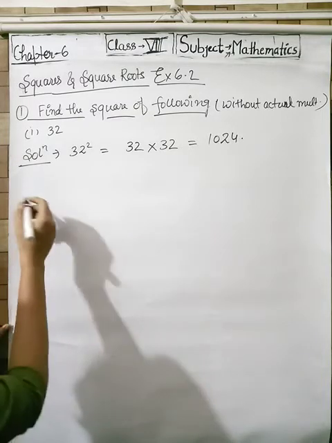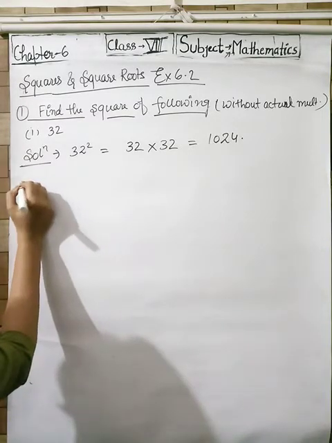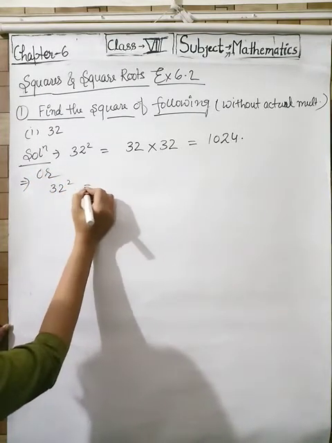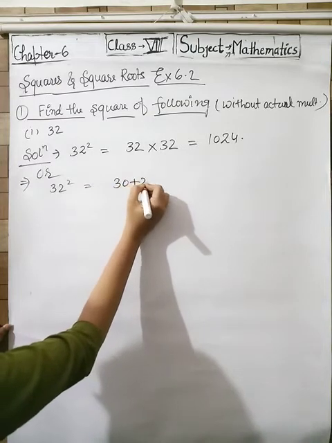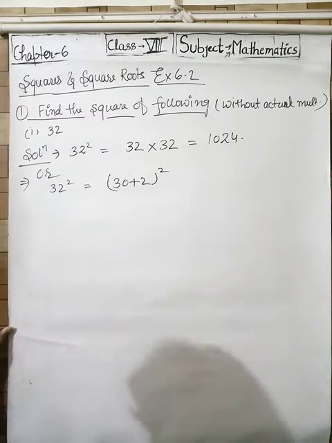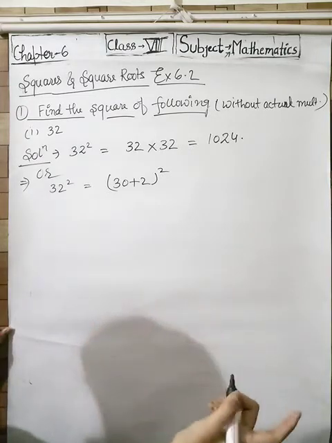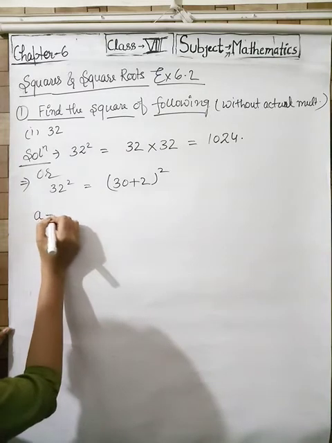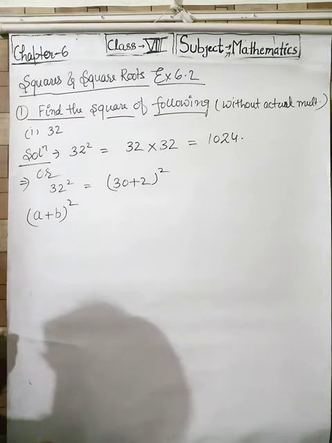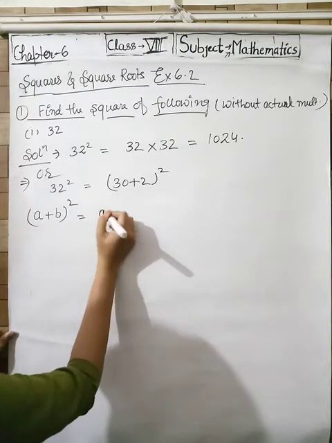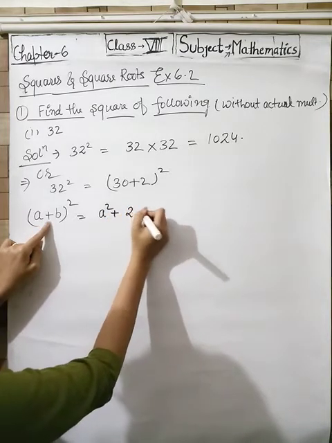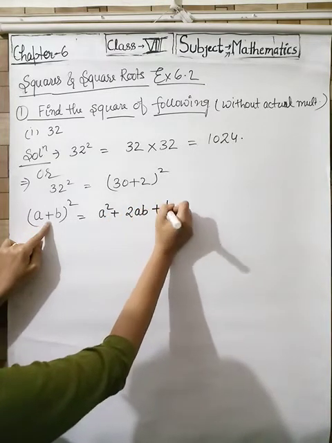Then you will do it like this, by the alternate method. 32 square can be written as 30 plus 2 whole square. Here we need to recall a property, or I should say an identity: a plus b whole square, which you have studied in 7th standard also, is equal to a square plus 2ab plus b square.